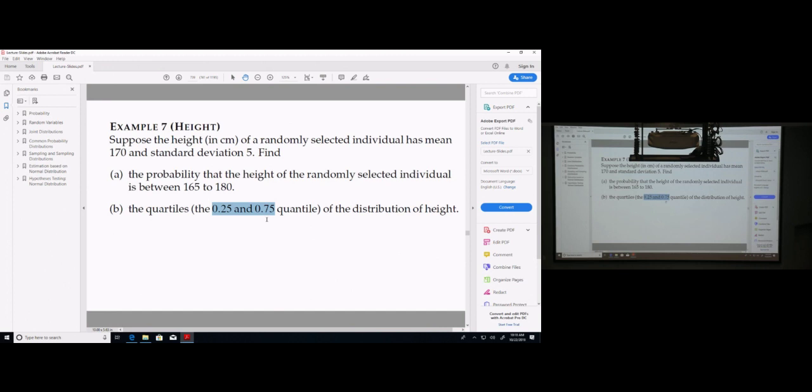Now the interquartile range will be another measure for the spread of the data, or the spread of the distribution, as compared against standard deviations. Standard deviations and the mean and all this are very prone to outliers.